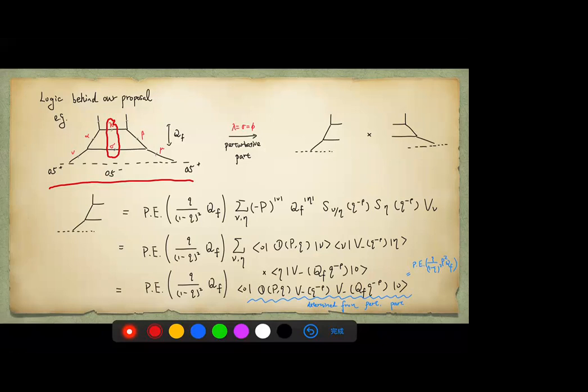That is to turn off the degrees of freedom on the D5 branes, and then we get the product of the left half diagram and the right half diagram.